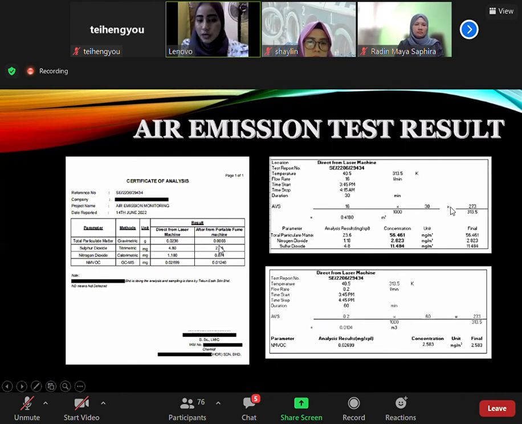Tapi kalau untuk yang after from portable fume machine ni, result yang after dia dah tarik suction daripada portable fume machine, so result dia rendah. Sebab yang ni direct, yang ni yang dah after filter. So tengok bila after filter je, dia punya result tu akan dapat sikit. Memang maksudnya memang function lah macam portable fume tu betul-betul membantu untuk mengurangkan pencemar udara yang keluar tu kotor.